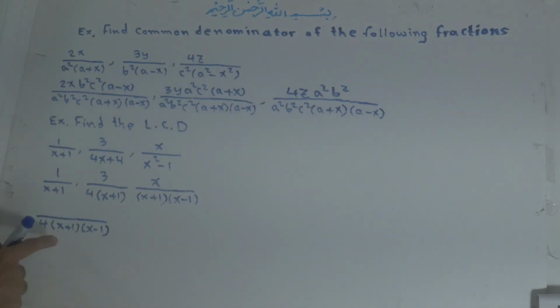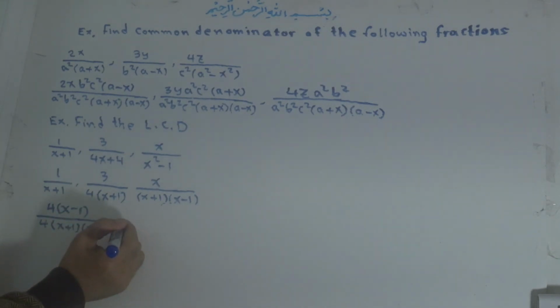Now for the first fraction, the common denominator divided by this denominator: x plus 1 cancels with x plus 1. The only thing remaining is 4 times x minus 1, times 1, which becomes 4x minus 1.